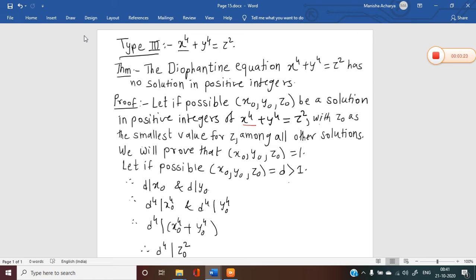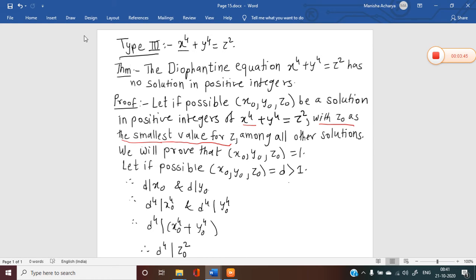Please remember this condition. This is the condition which we use to arrive at a contradiction, because we get some different solution for x raised to 4 plus y raised to 4 equal to z square with the value of z less than z0, and then we say we arrive at a contradiction.